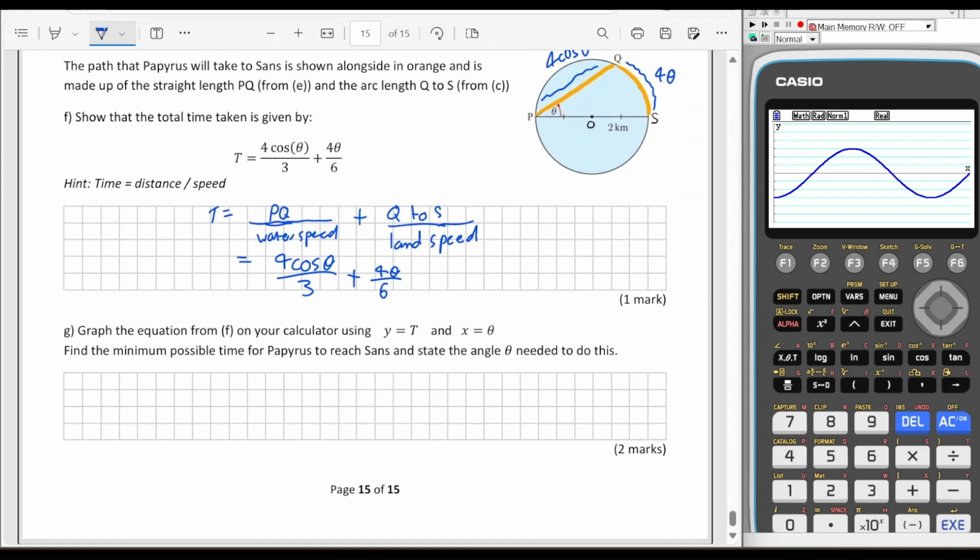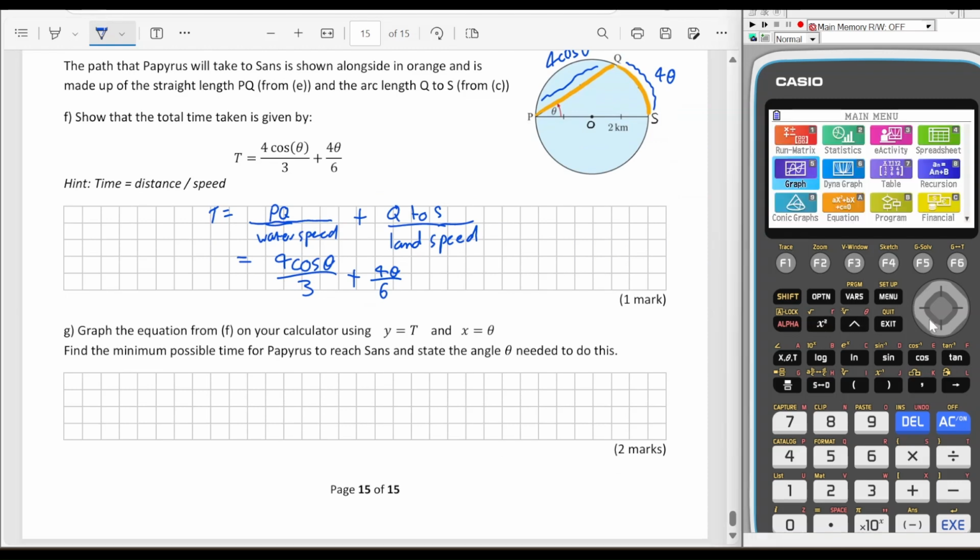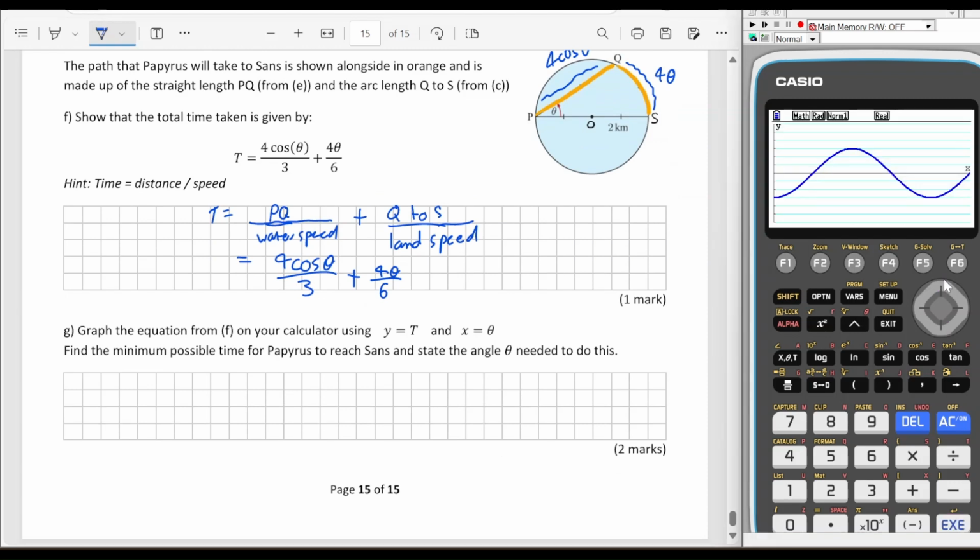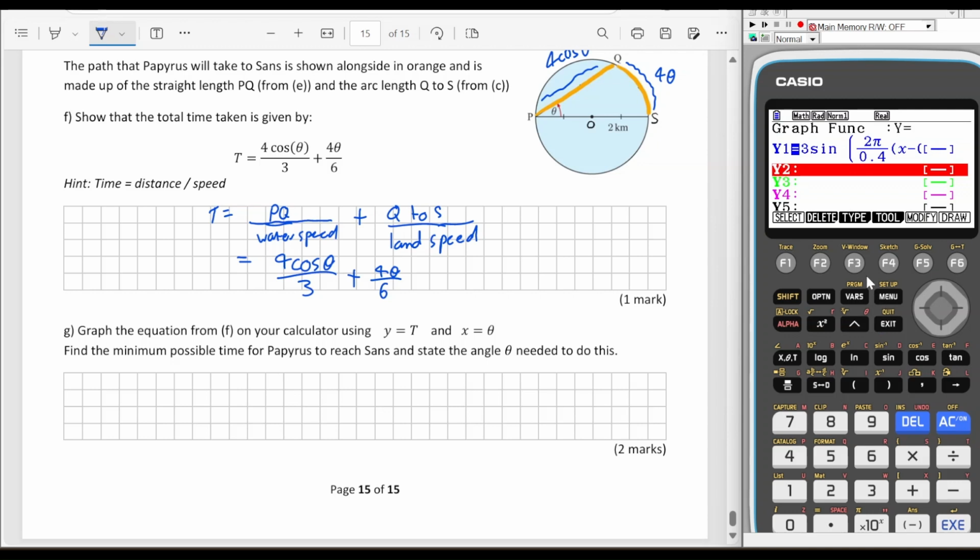Okay, now we're going to graph it. So if we do a graph of this, let's see, I'm going to exit out. We just graph that whole thing. So it is 4 cos of, you've got to use x instead of theta, over 3 plus, and then it's 4x over 6. There we go, draw that. Wonderful.